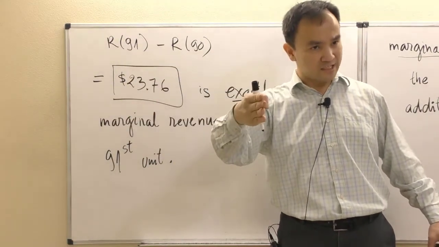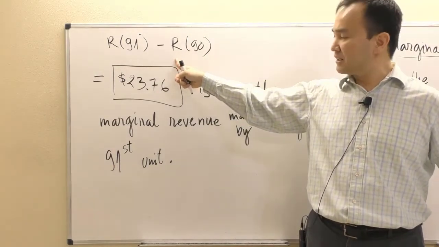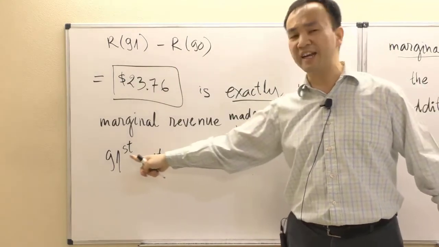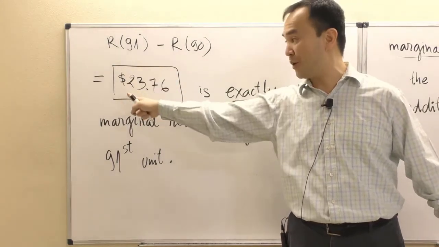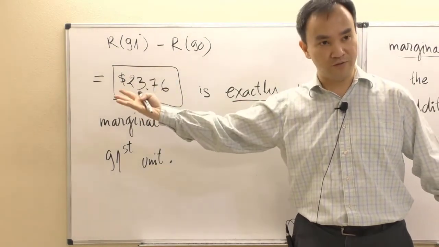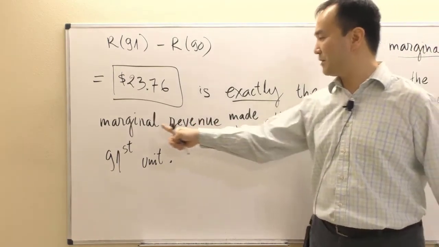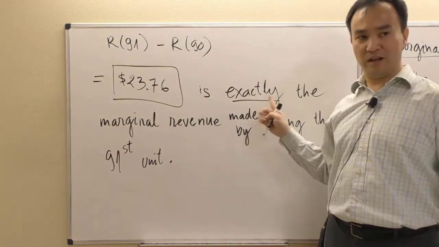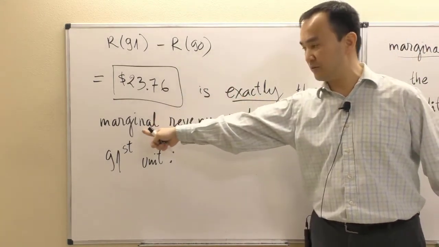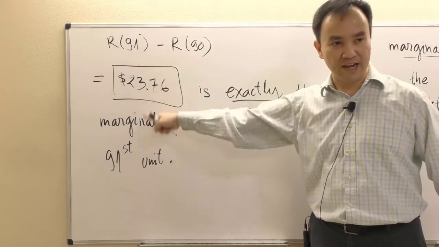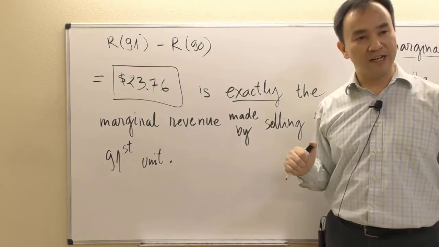So at the instance that we made revenue for selling 90 units away, then selling the 91st unit would bring an additional 23.76 revenue into your total revenue. And this is really reflecting the exact amount of your marginal revenue, but only at that instance, when you are selling away 90 units.